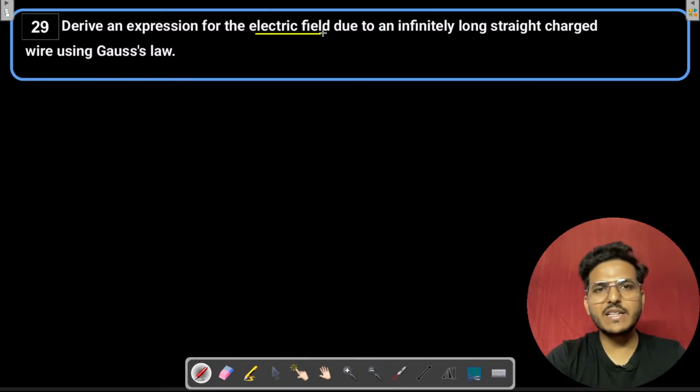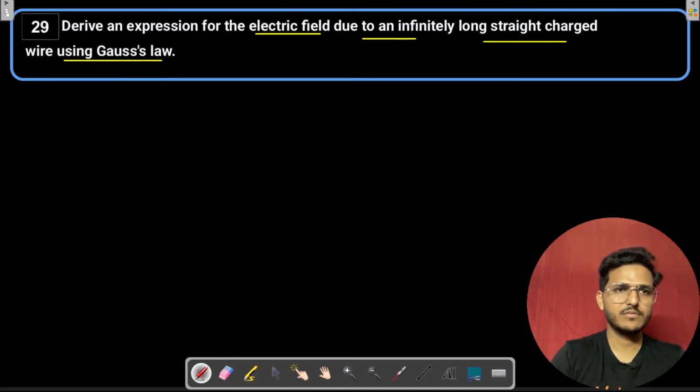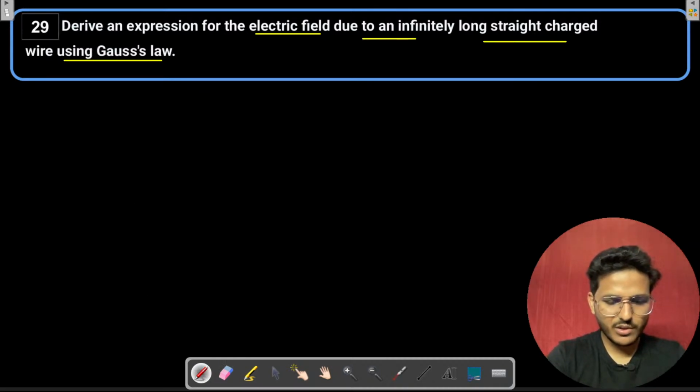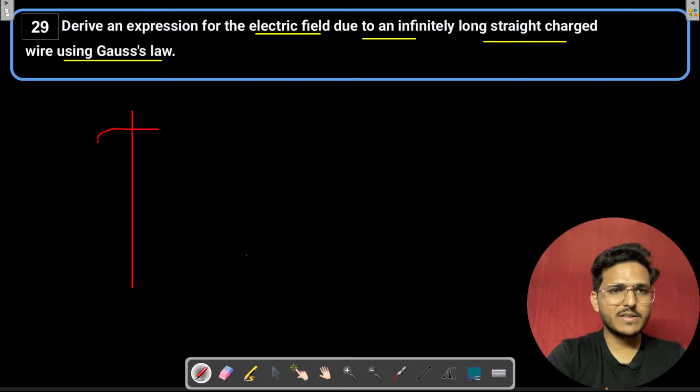Derive the expression for electric field due to an infinitely long straight charged wire using Gauss law. Just consider this is a current carrying conductor, and around this I'm taking a Gaussian surface.